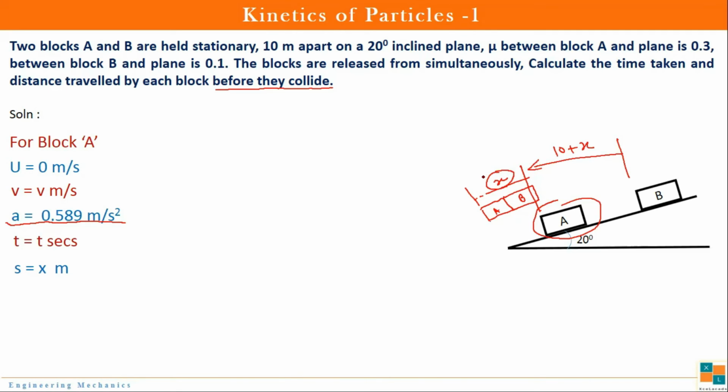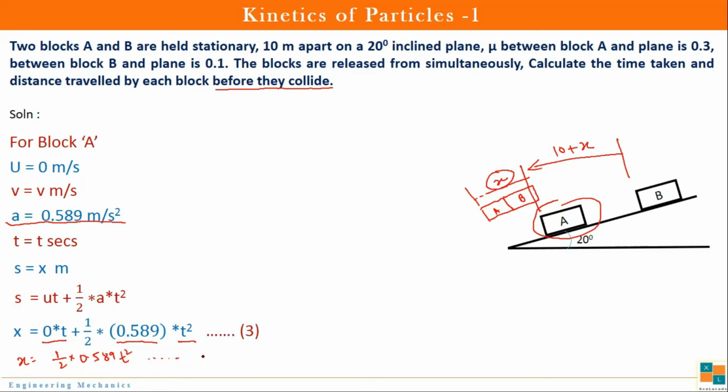Using the equation of motion s = ut + ½at², I substitute the values from above. So x = 0·t + ½ × acceleration × t². On solving this, I get x = ½ × 0.589 t², and let us say this is equation number 3.